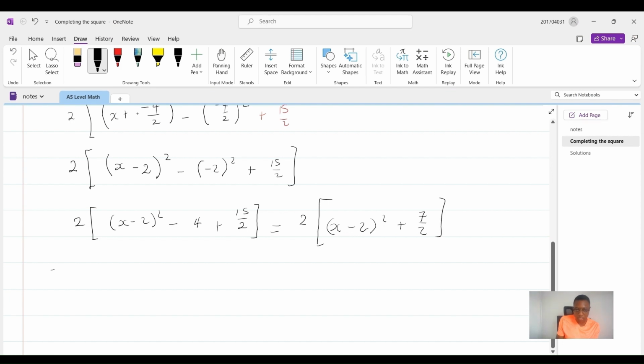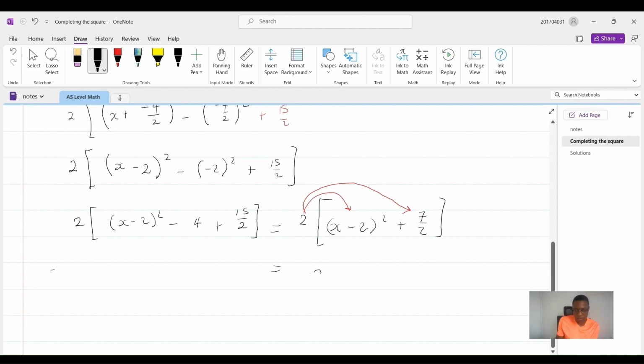And then the last thing we need to do, we need to expand now this square bracket or break this square bracket. So what we do is we need to multiply this 2 times this bracket over there, then 2 times this 7 over 2, like that. So let's do that. So what do we have? We have 2 times this x minus 2 squared.